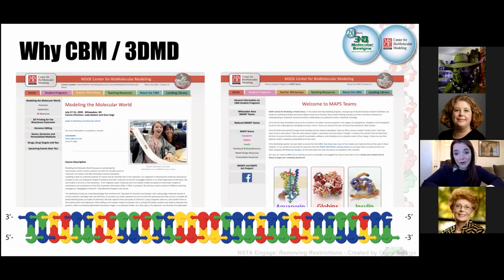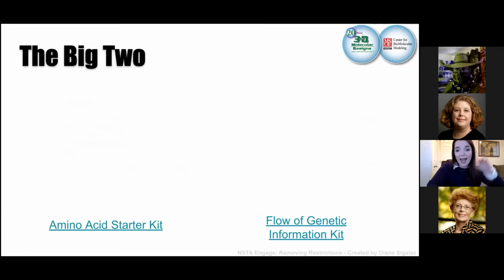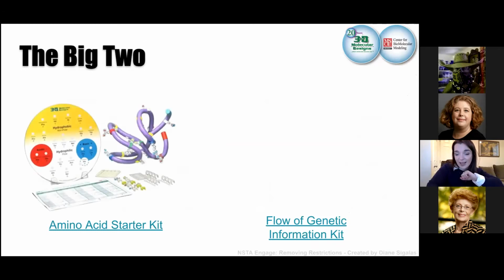If you have not heard of them before, this is hands down some of the best scientific pedagogy professional development that you can get your hands on. They basically have 2 kits that I would call their big 2. The first one is their amino acid starter kit. This was the biggest aha moment I've ever had, literally ever.